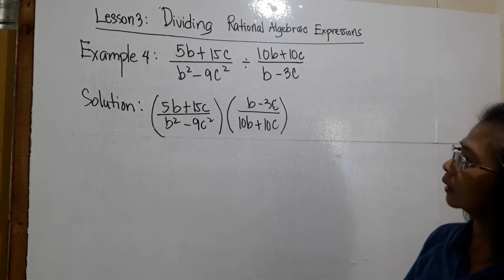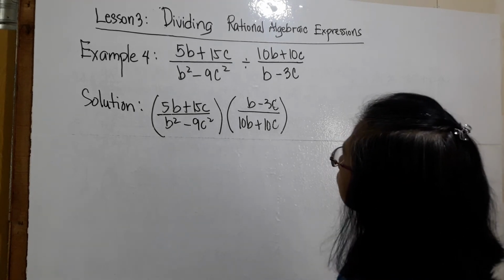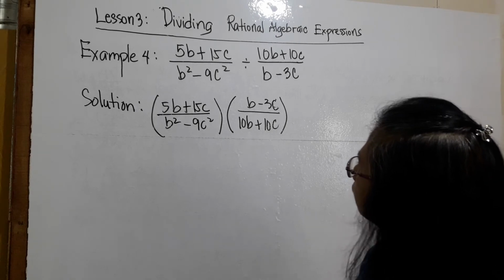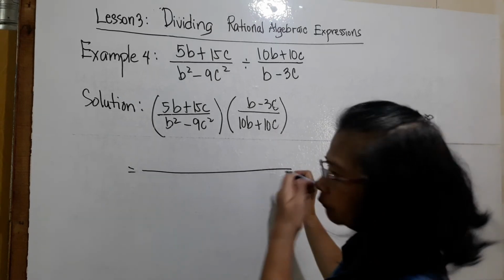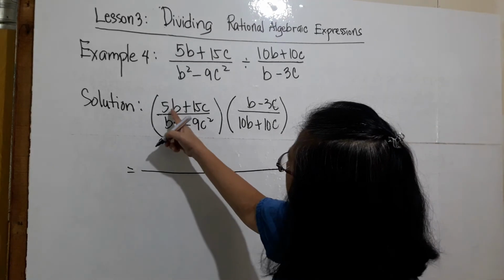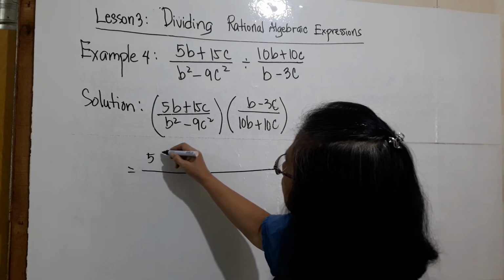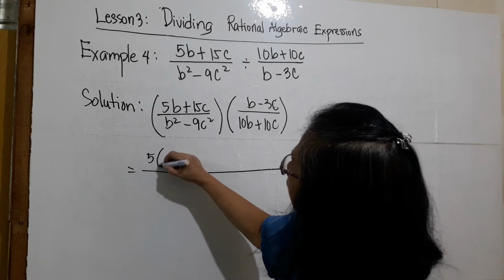To continue the steps, we apply factoring to the terms which can be factored. For the numerator of the first factor, 5b and 15c, the common monomial factor is 5.